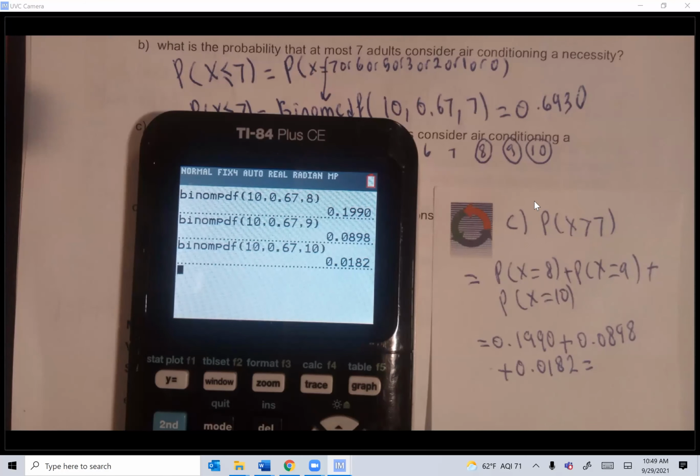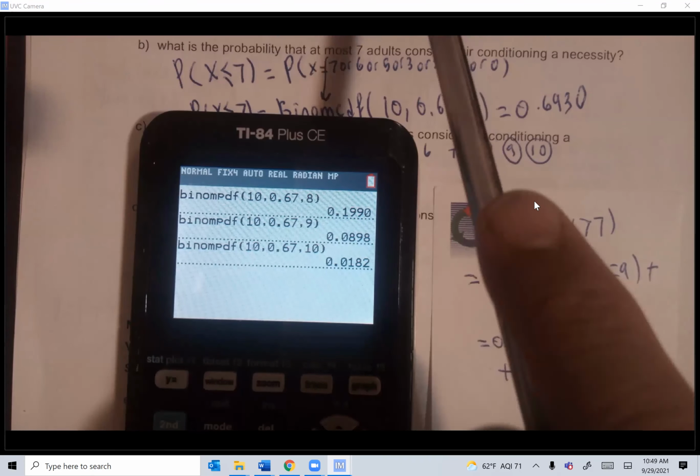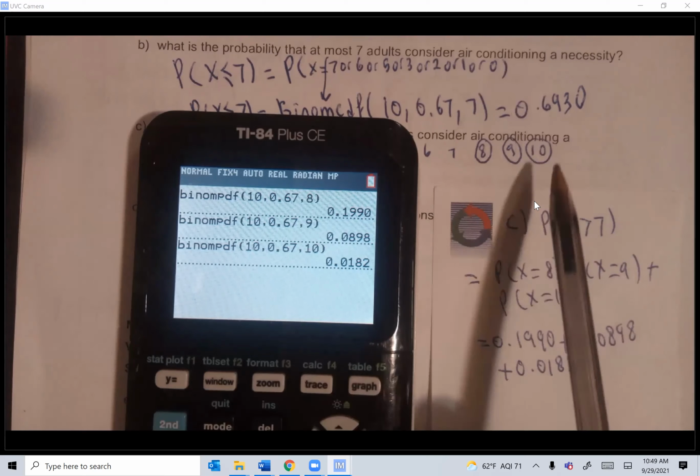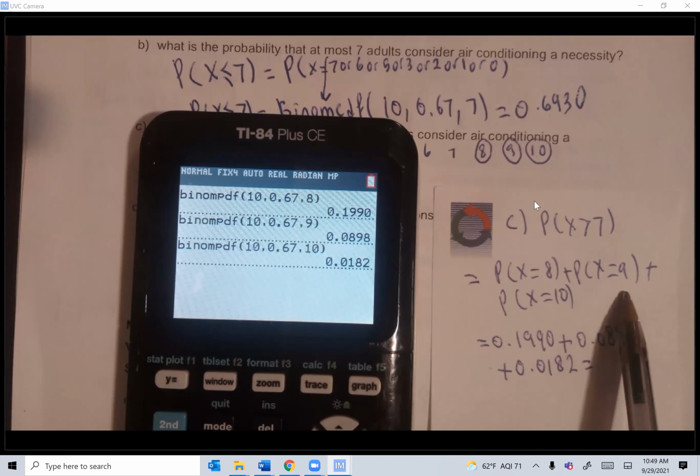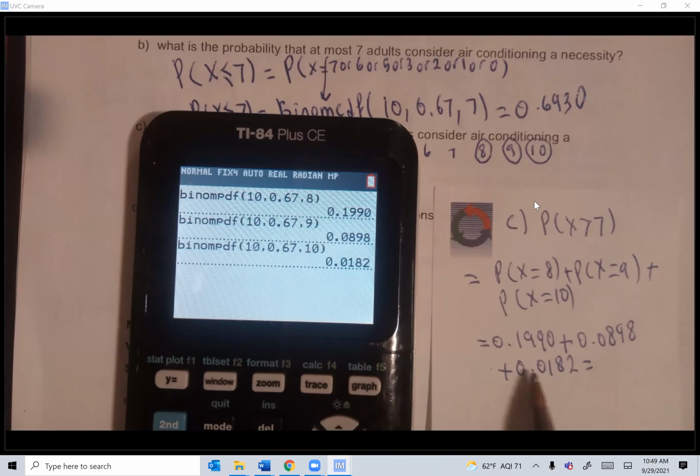The reason why I don't recommend doing it this way, what about if n was 15? Then greater than 7 would mean 8, 9, 10, 11, 12, 13, 14, 15. You'll have to add them up. I mean, you could, and you still get the correct answer, but it's a lot of work. So I'm going to show you a shortcut in a second.